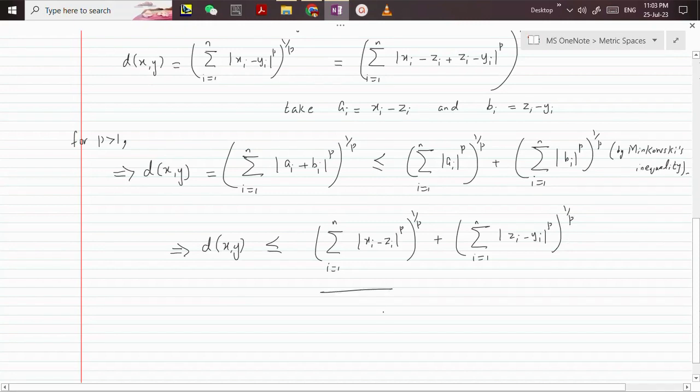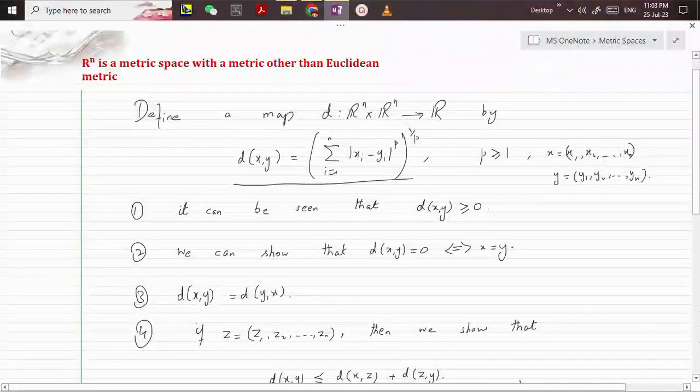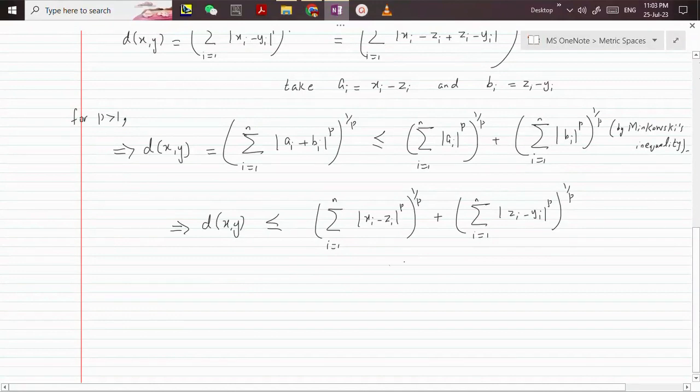This is equal to d(x,z) by the definition of d, which is equal to d(x,z) plus d(z,y).